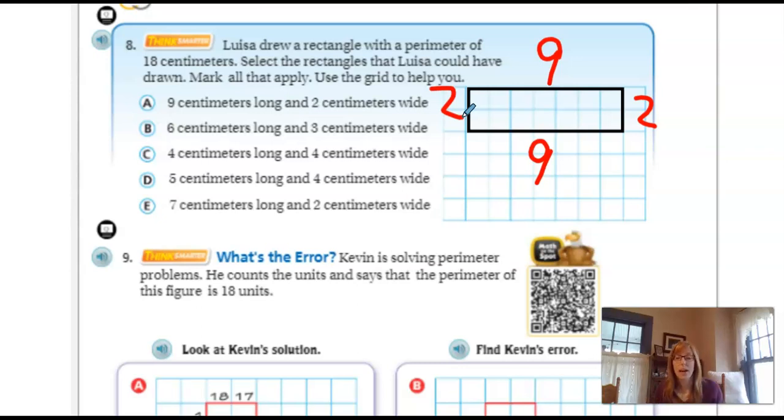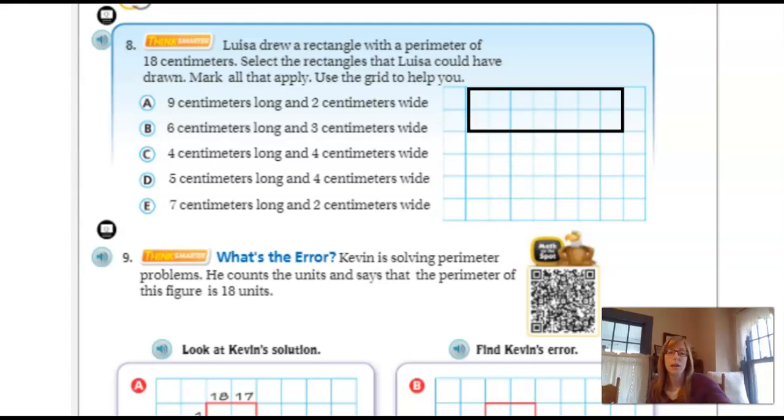You know that can't be it, because if you add up these two sides right there, 9 plus 9 is 18, then you still have the other 4 that you have. So that one doesn't work. How about 6 and 3? So if you erase and you do your 6 and 3.